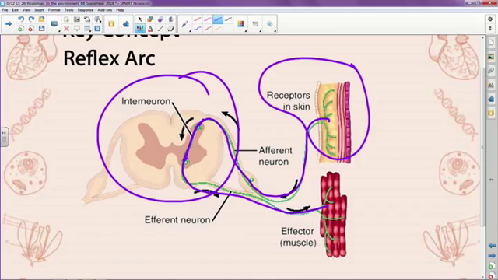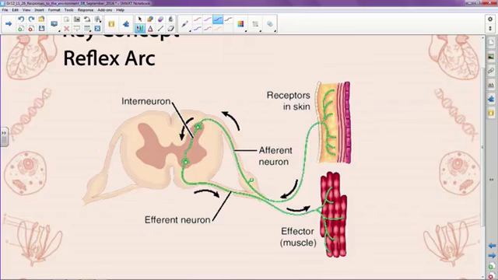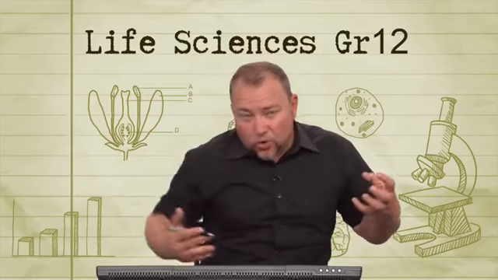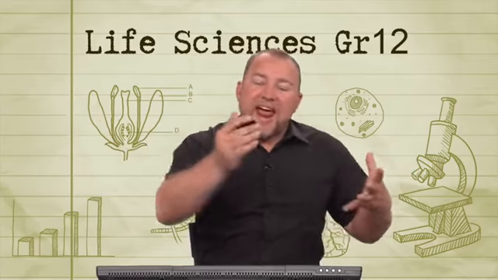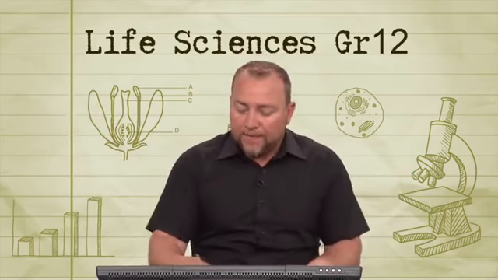So you get the afferent and the efferent. The afferent neuron goes all the way into the spinal cord, and it comes back through the efferent neuron, which means it's going to do something, and you get the effector and the receptor area.